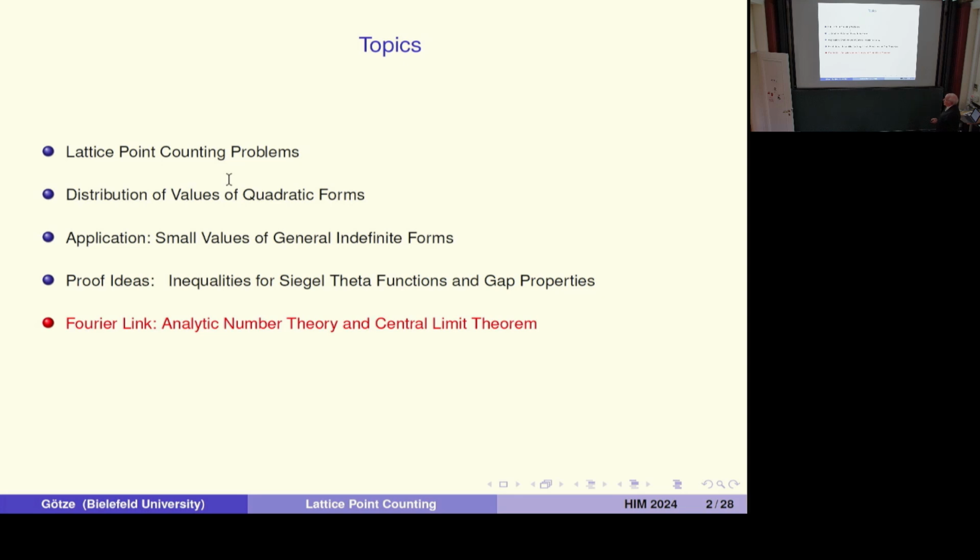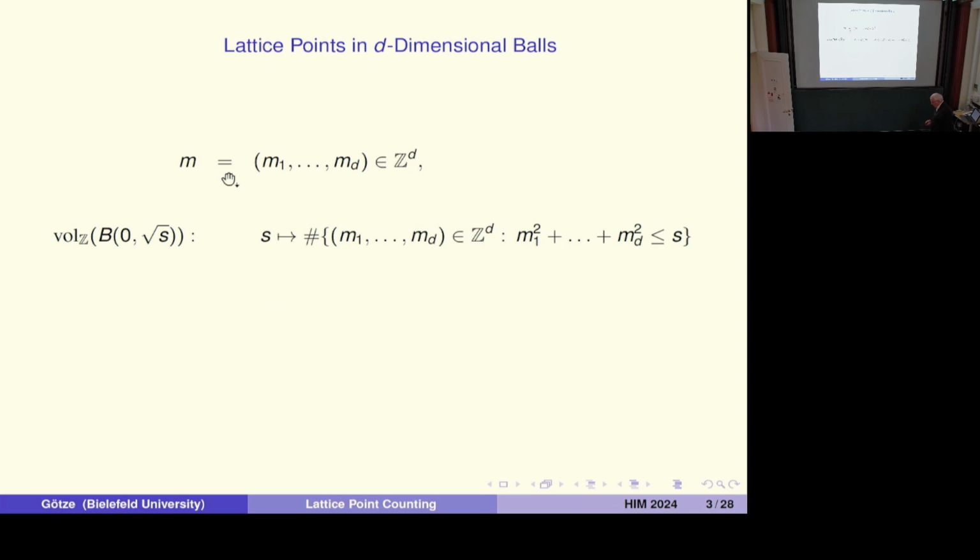And finally, I would like to sketch what is the link between something probabilistic, the multivariate central limit theorem, and the analytic number theory results. And it turns out that one is, so to speak, based on the other.